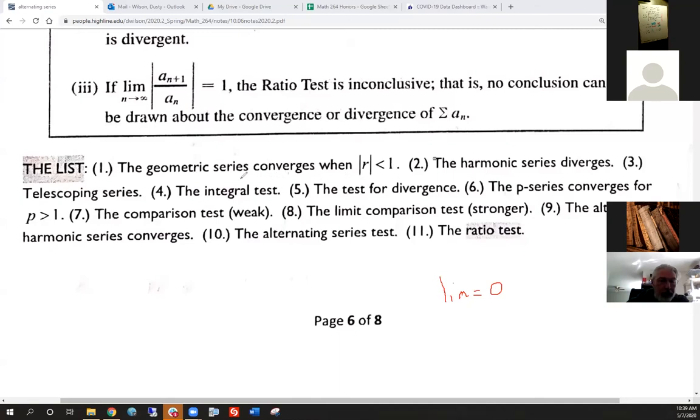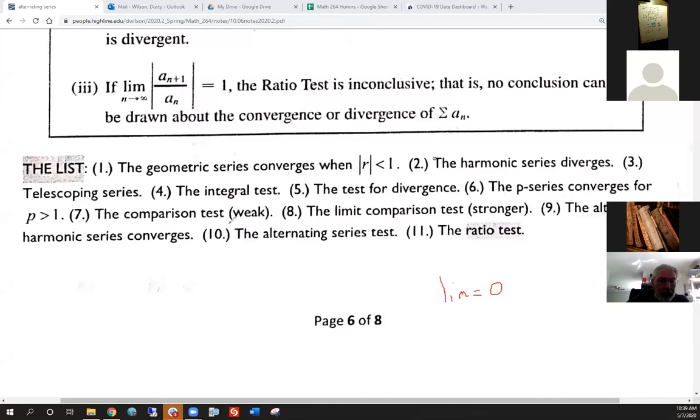Like, what does 0 mean in the context of the geometric series? Well, it means that it converges. 0 does not apply to the telescoping series, and it doesn't apply to the integral test. Test for divergence, what would 0 mean? Inconclusive, good.